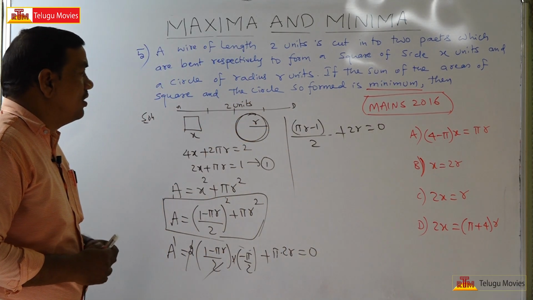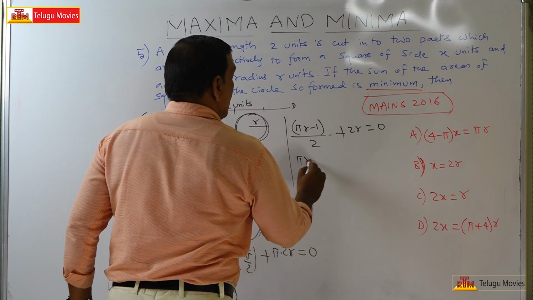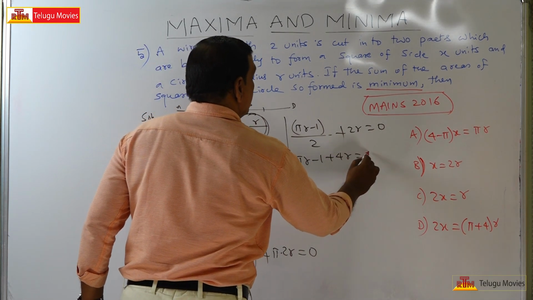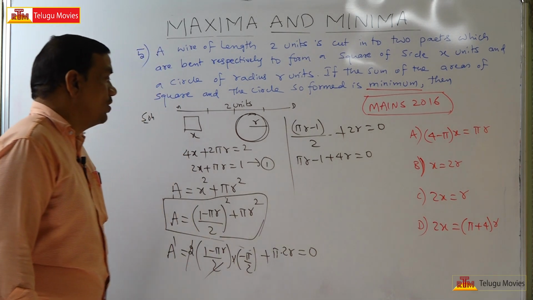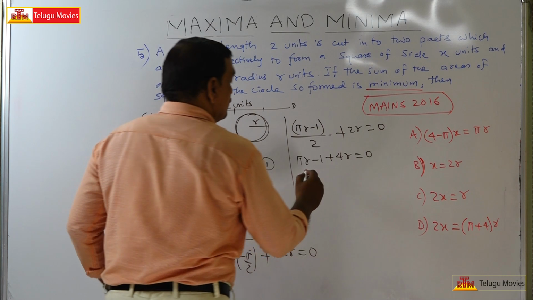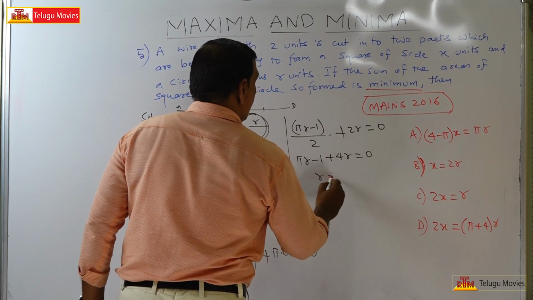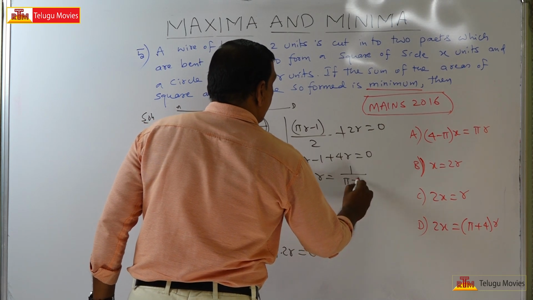Okay, now from this you can multiply with 2: pi r minus 1 plus 4r is equal to 0. So from this what can you say? R value is equal to pi r plus 4r, so from this r is equal to 1 by pi plus 4.